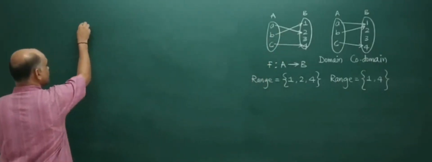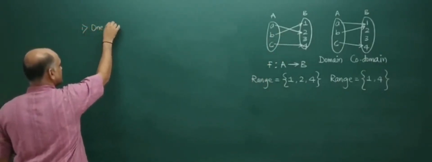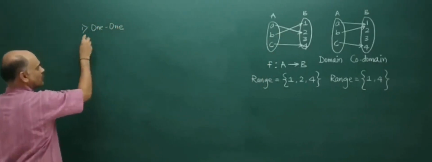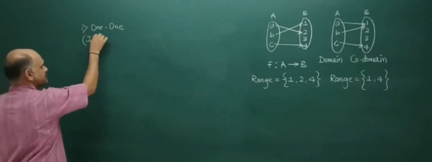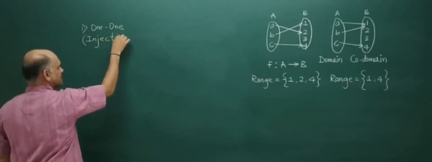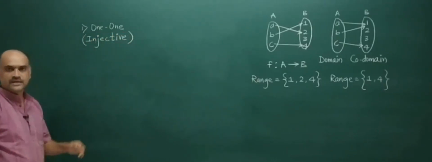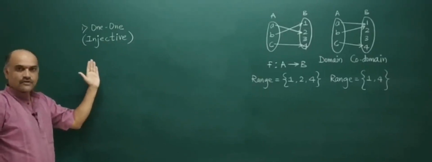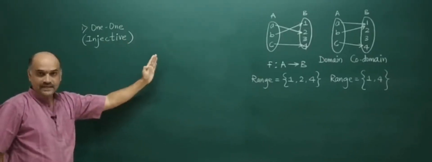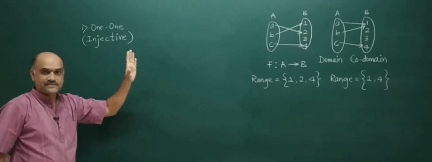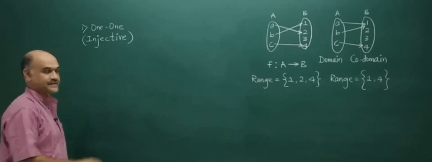So first, one-one function, or even we call it injective function. One element of set A is related to one element of set B, and all elements from set B related are distinct.